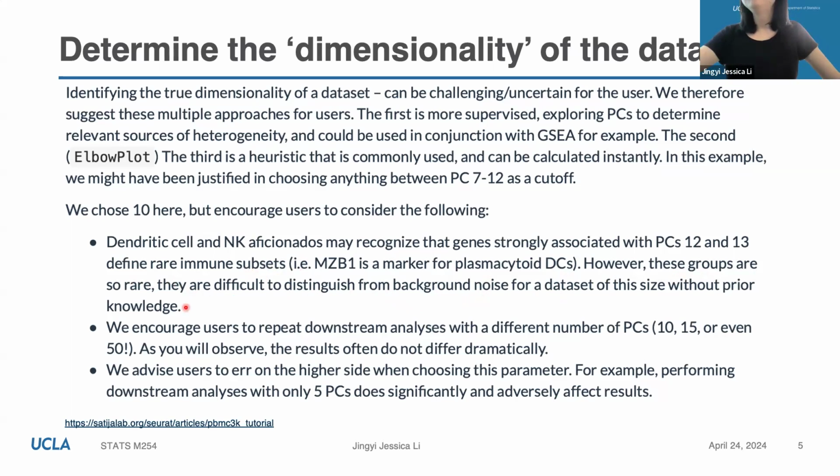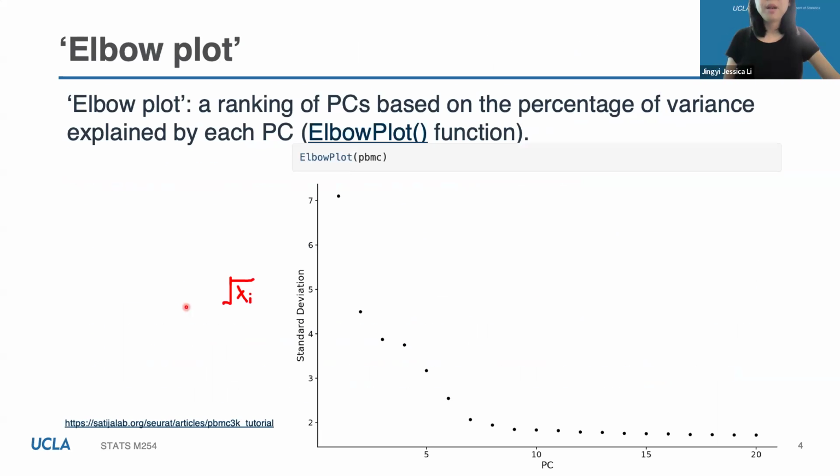This is the ultimate challenge we face when we do data analysis, because if you remember, I mentioned in the very early class that the reason we need statistics is because we know our data is noisy and we need to distinguish signal from noise. And we do PCA because we don't believe our data needs such a high dimension, 2,000 highly variable genes, to explain.